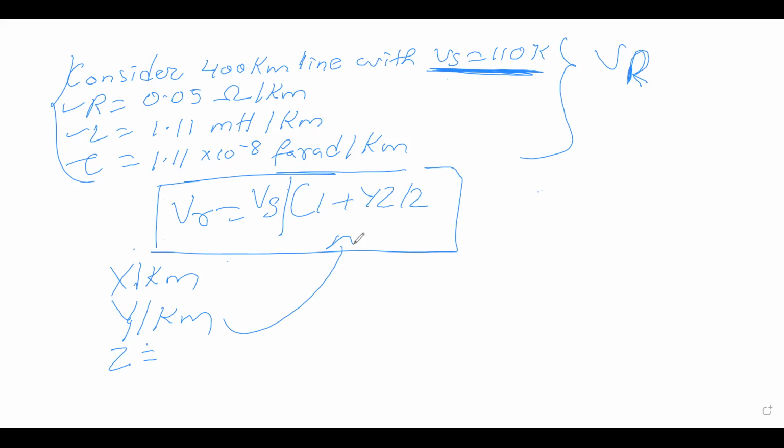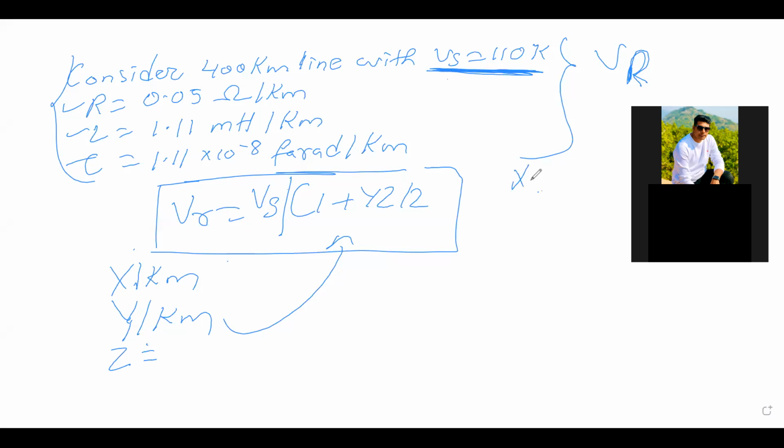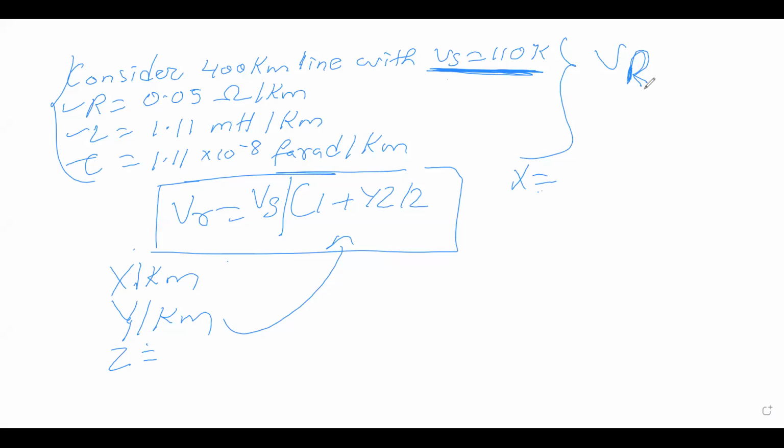So this task has been left for you. Just do it in your homework. I'm running out of time, so I will not solve it. I will just give you what X is. X could be written as 2 pi fL, right?